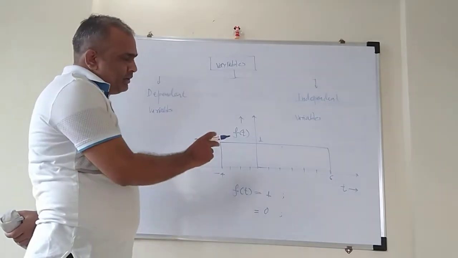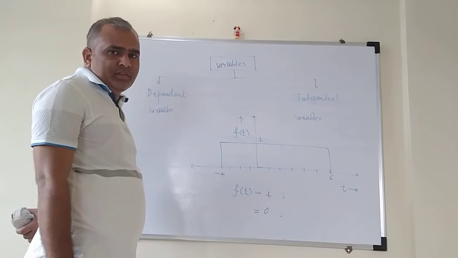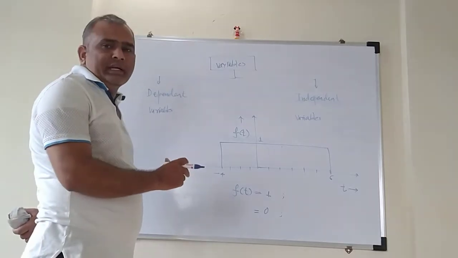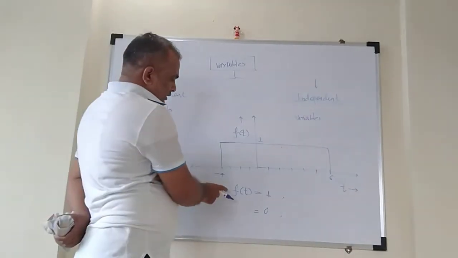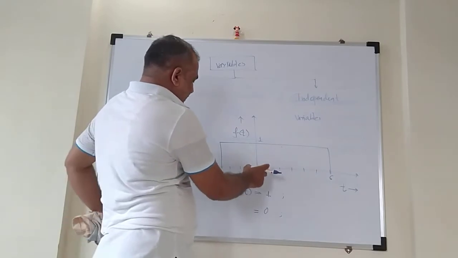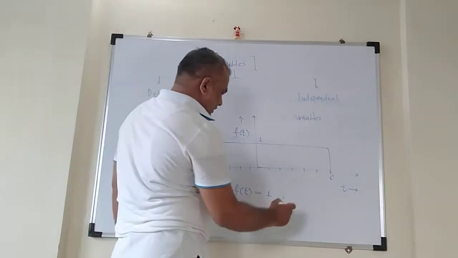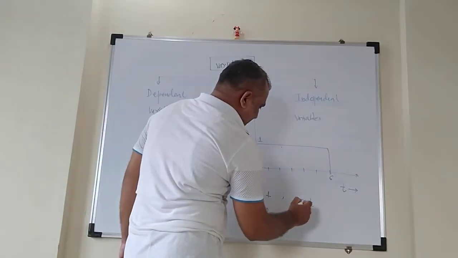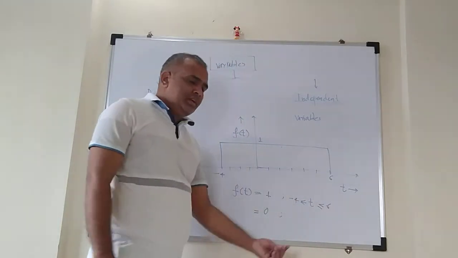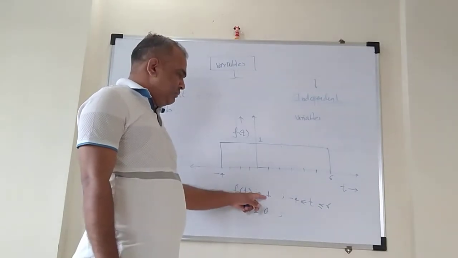Now let us write that particular time duration. That's the important part of information which this plot gives us. So the function f of t has a value equal to 1 within this time period. That means if small t is greater than or equal to -4 and less than or equal to 6, within this time the value of the given function f of t is equal to 1.